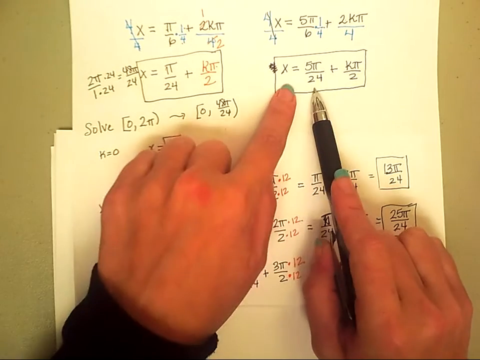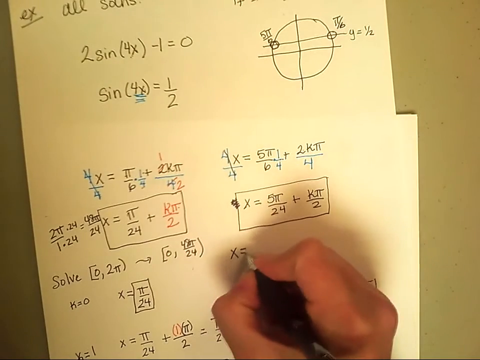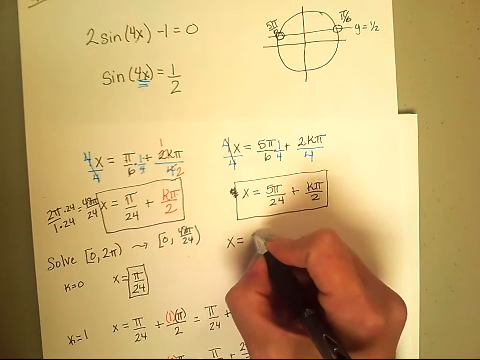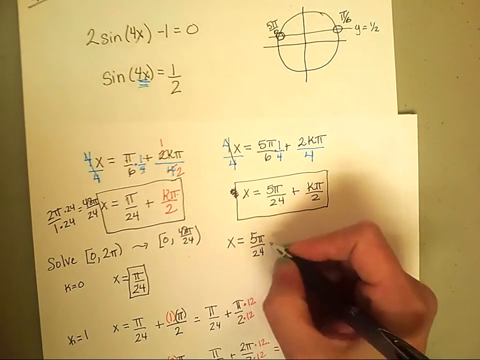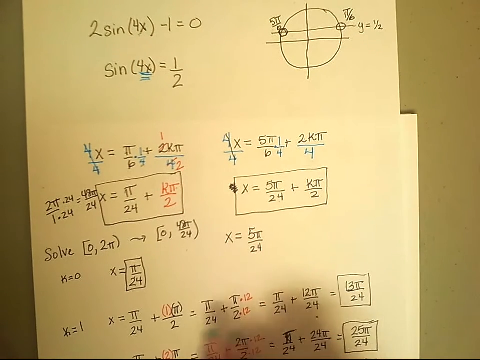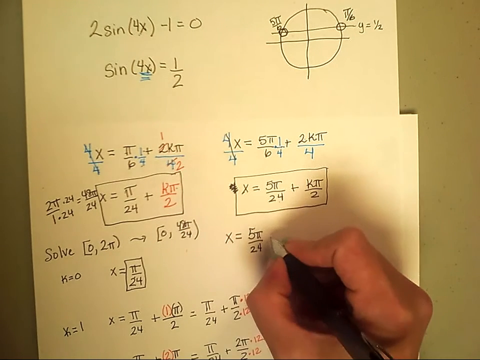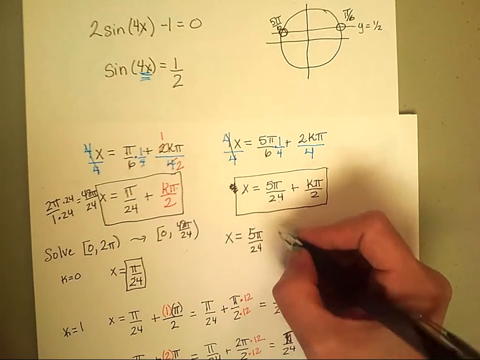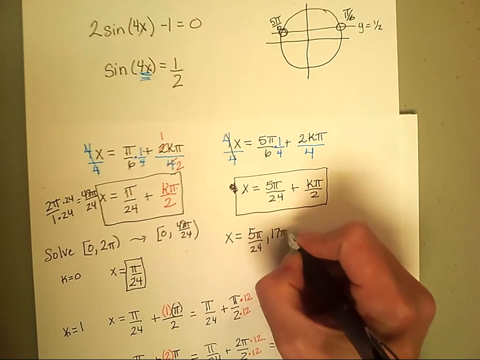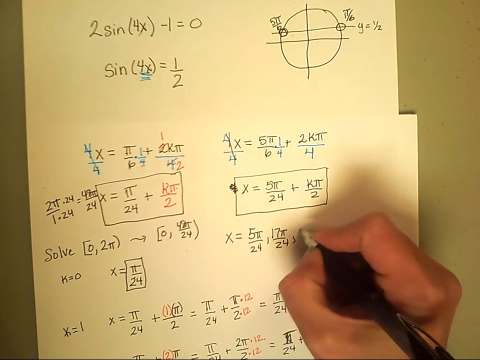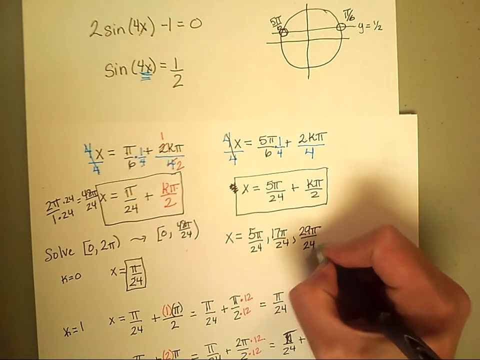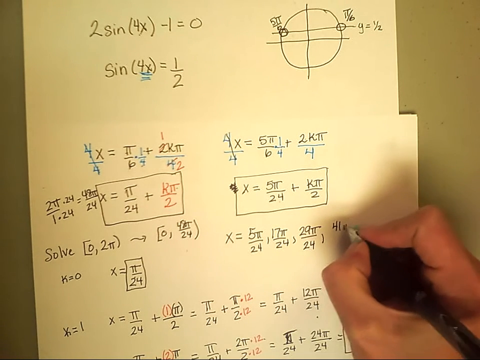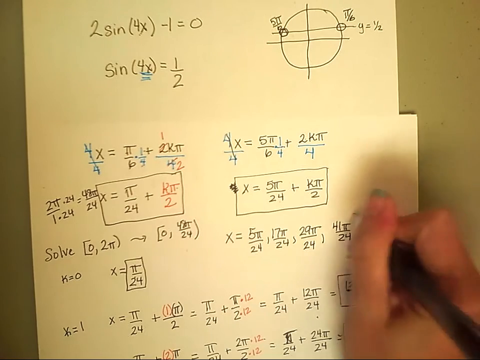Now, we would do the same thing for the other branch, except we would start with 5π over 24. We won't do that now. I'll just tell you what you should come up with. From this branch, the first one is 5π over 24, and then we're adding multiples of π over 2 to get to 17π over 24, 29π over 24, and 41π over 24.